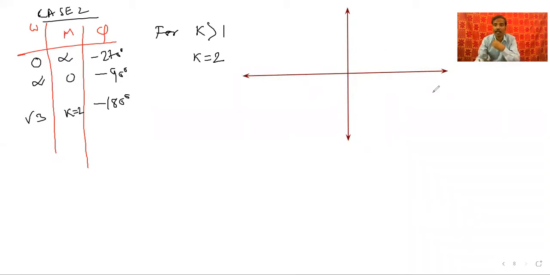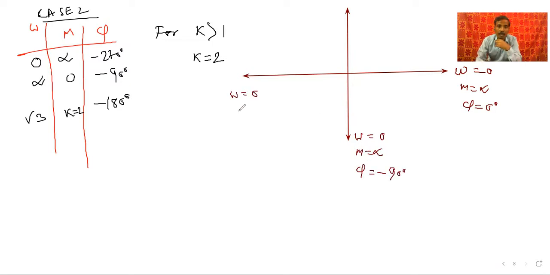At omega equals 0, M equals infinity, phi equals 0 degrees, then minus 90 degrees, minus 180 degrees, and minus 270 degrees.